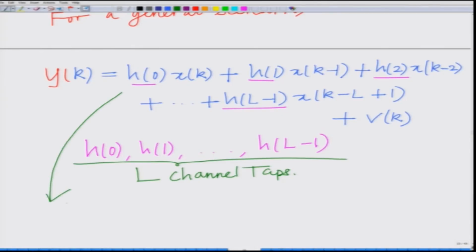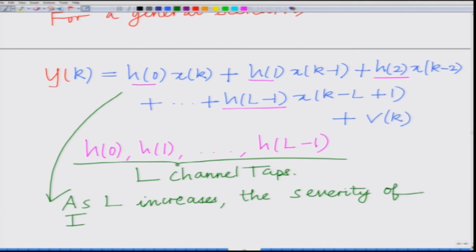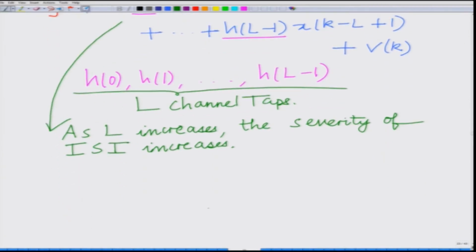As L increases, the severity of the ISI increases, all right.